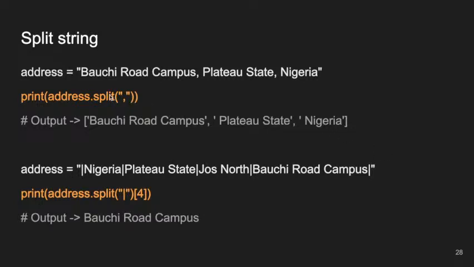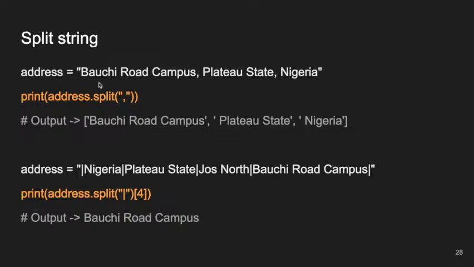Good. Now we have this inbuilt function for strings called split. So address equals Bauchi Road, Campus, Plateau State, Nigeria. You notice that we have some commas here.